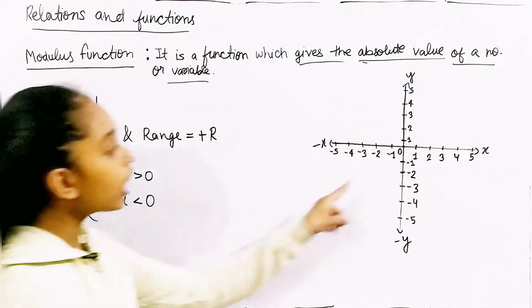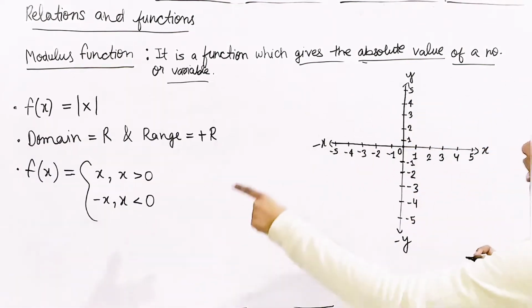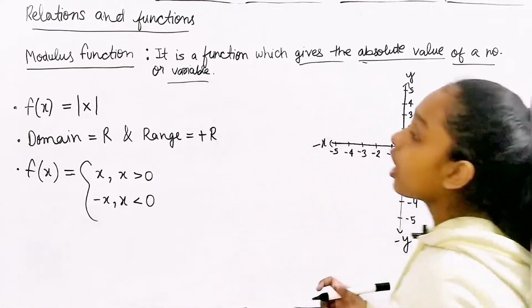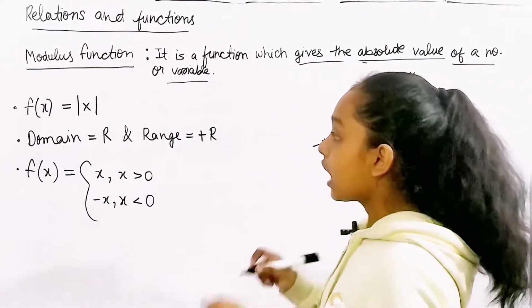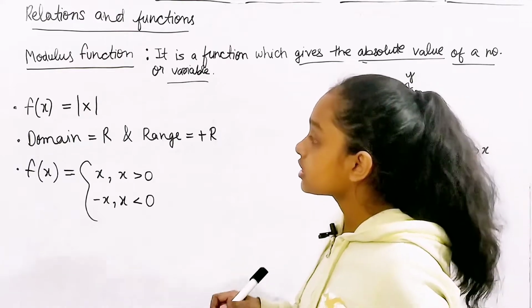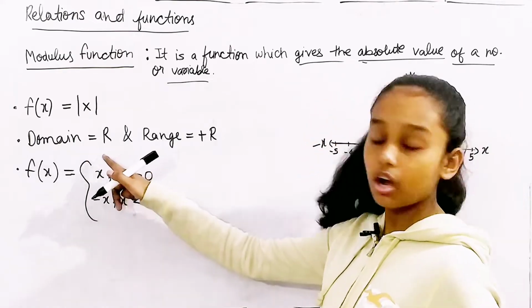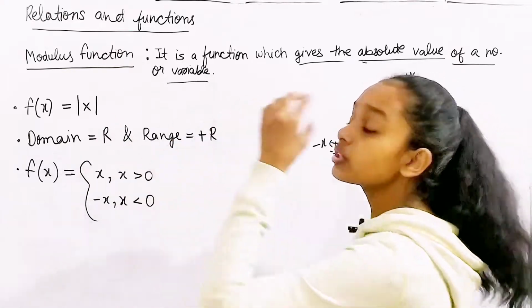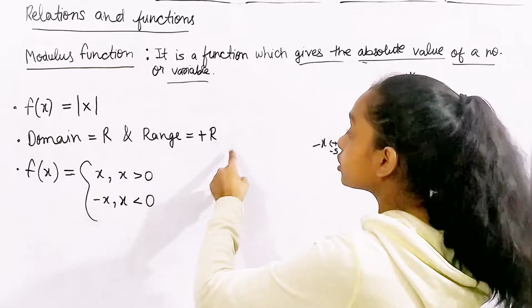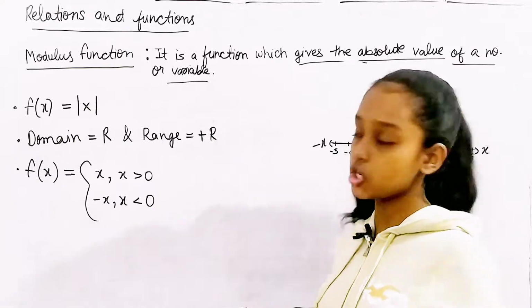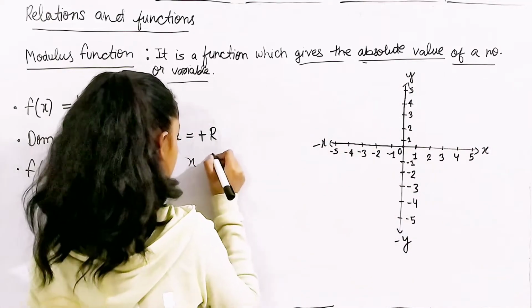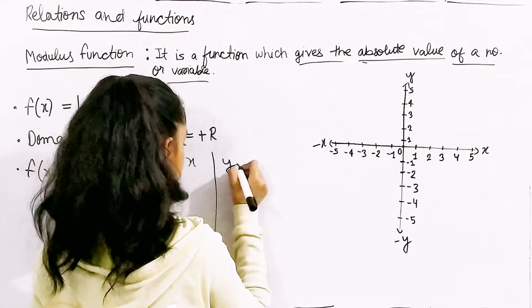So in the modulus function, the domain will be the real numbers, and the range is equal to the positive real numbers. So this simply means, let's say x, y.